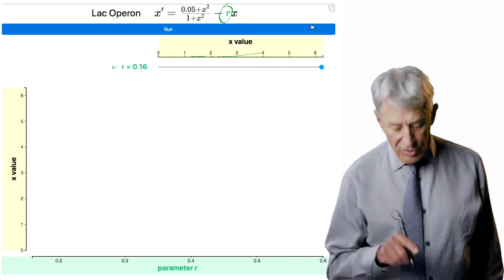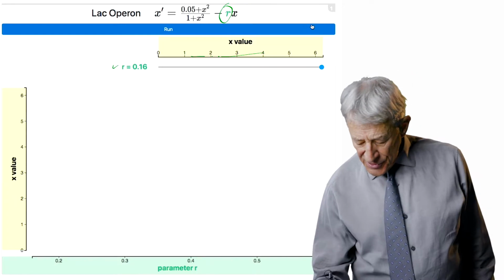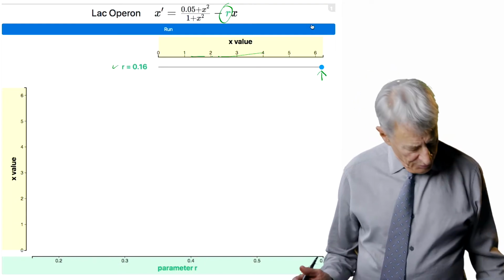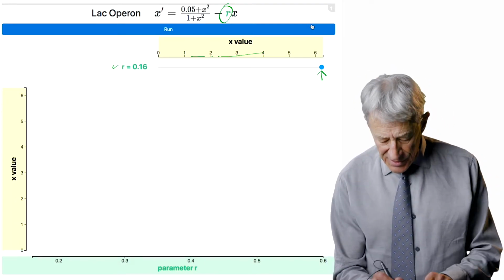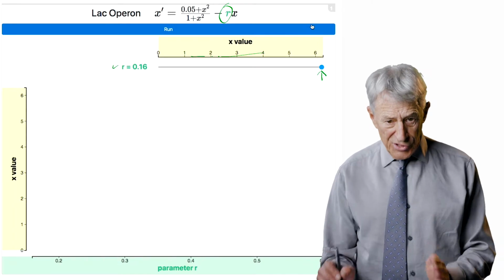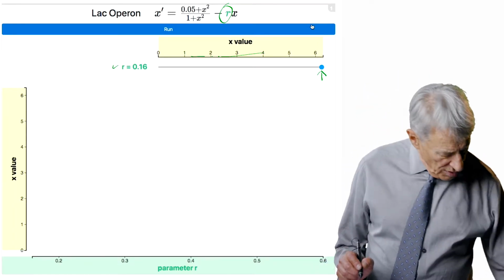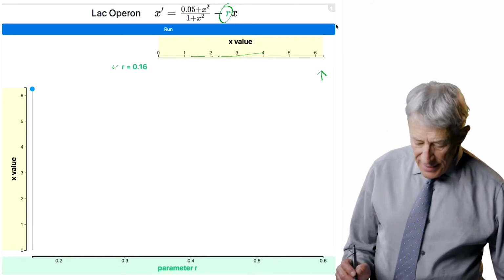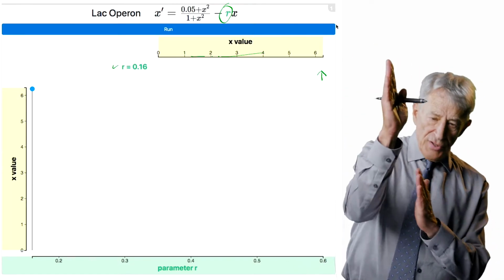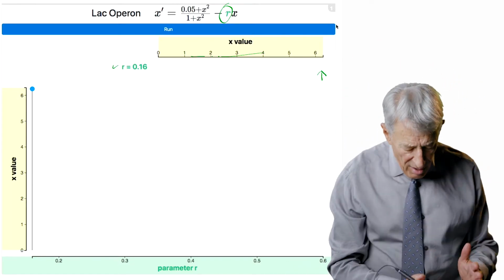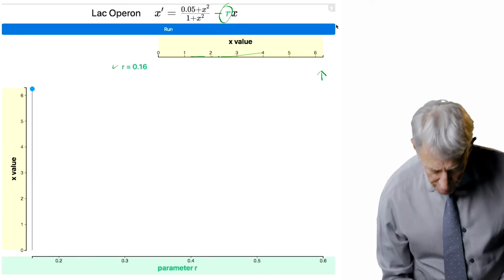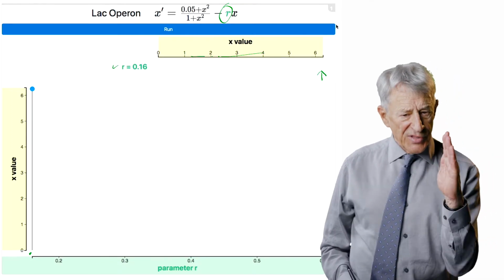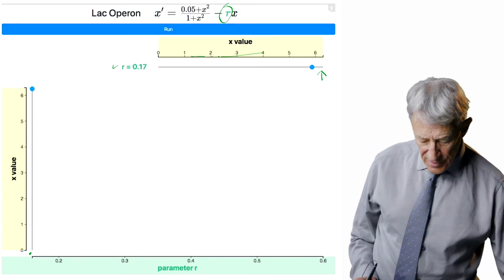And for this value of R, there is a single equilibrium point at the very high value of X. So this is the state space that is going to ensue for that value of R. So now what we're going to do is take that state space, turn it vertical, and stack it up right over the point R equals 0.16. And that represents the state space for R equals 0.16.